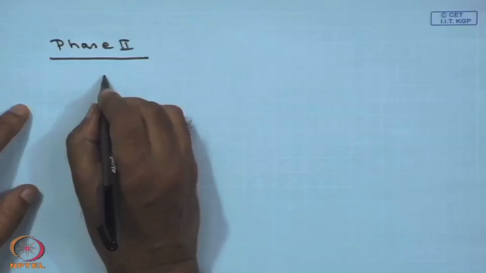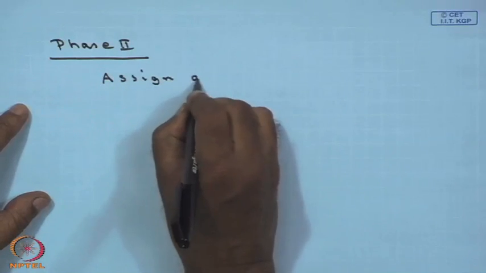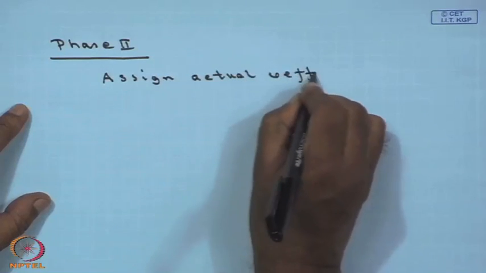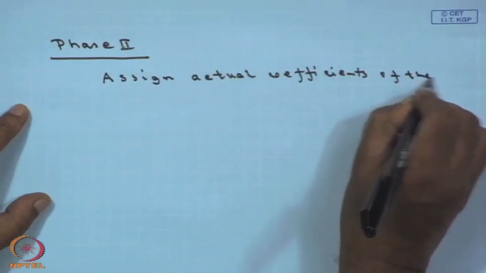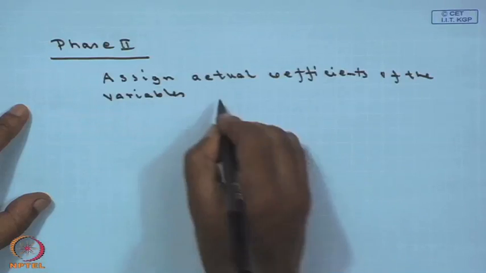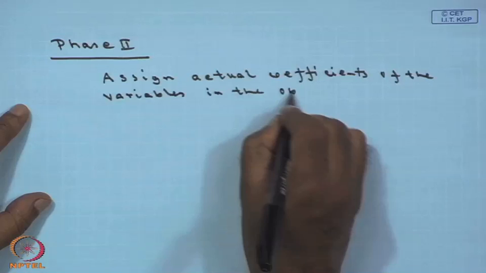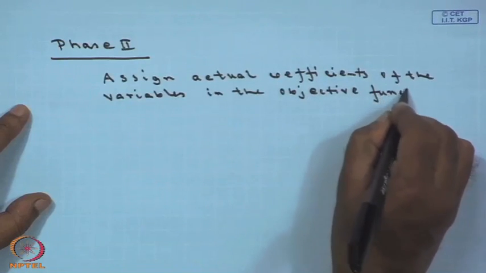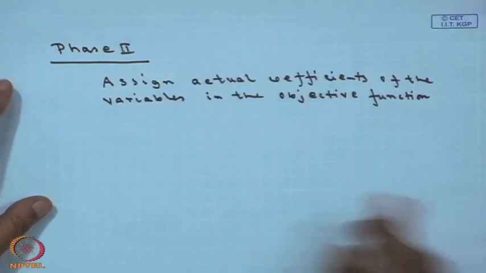In this case, you are assigning the actual coefficients of the variables. Here variables include the slack and surplus variables in the objective function. So, basically you are starting with the last table of phase 1, but there is one change.